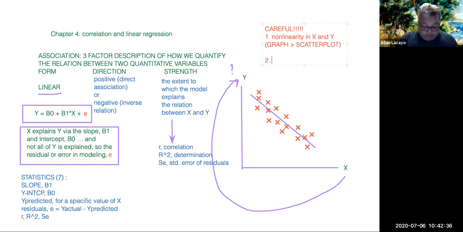The next thing to be careful about is outliers. And outliers come in two varieties. They could be extremely large or small values, in both X and Y. And alternatively, they could be for one of the two variables.